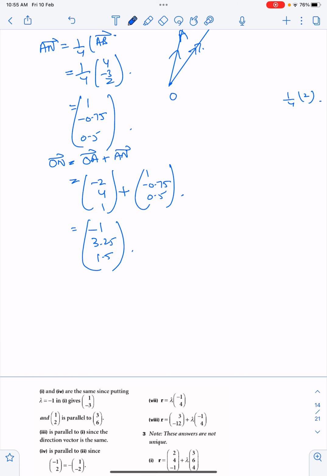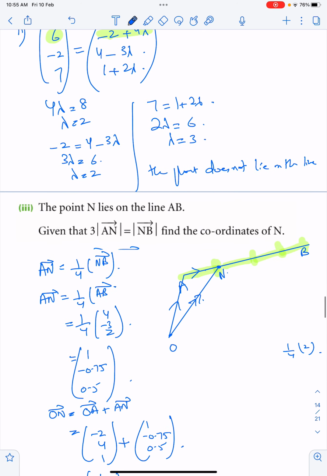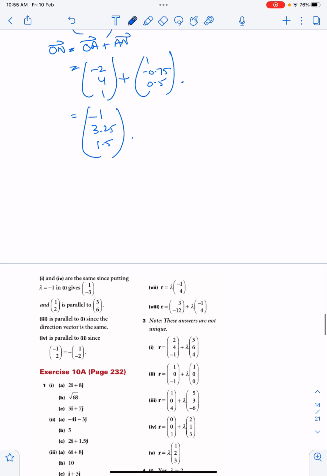This is ON, the coordinates. You can write in terms of coordinates, minus 1, 3.25, 1.5. In the vector form, it's like this. And in the Cartesian form, you can write minus i plus 3.25j plus 1.5k.